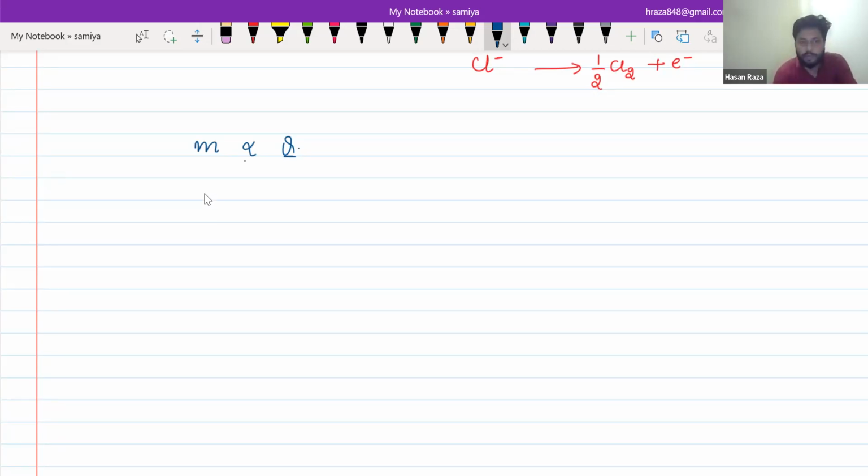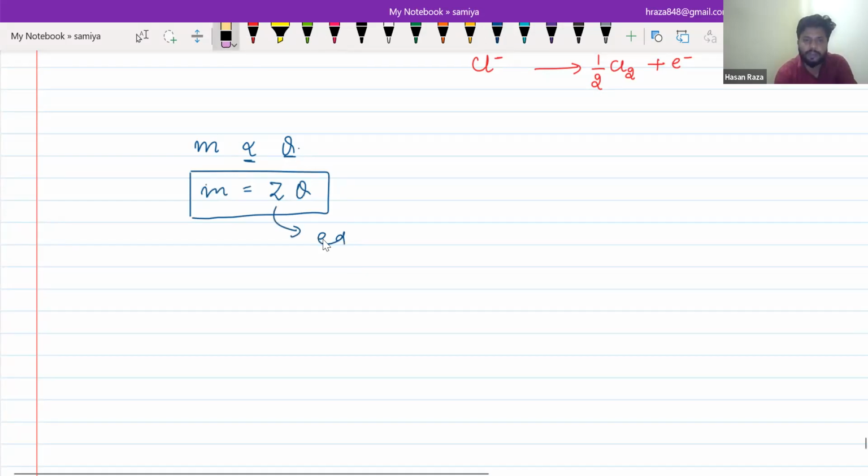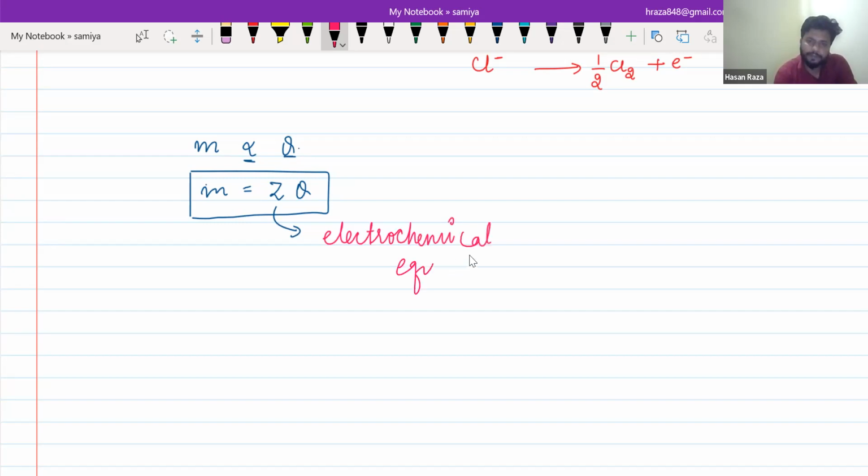And to remove this proportionality sign, I am going to use a constant, that is Z. And what is this Z? Z is the constant of proportionality and is known as electrochemical equivalence.